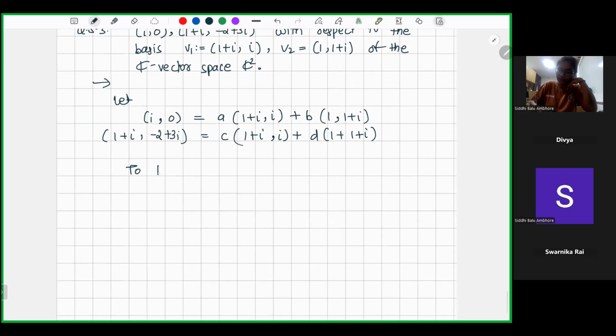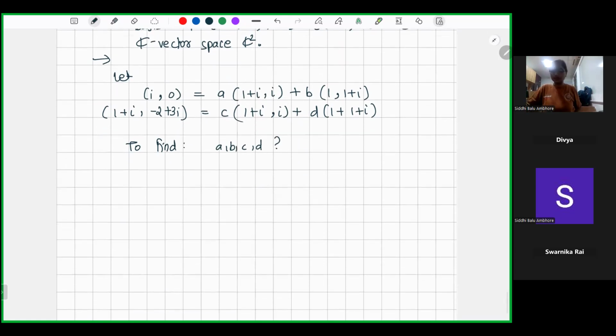In short, we have to find this A, B, C, D. This is our task for this question. We'll just do the first one and then we can stop.